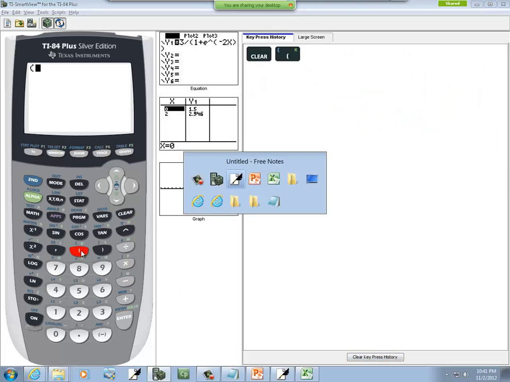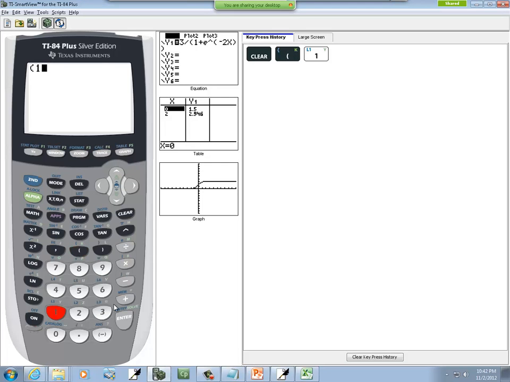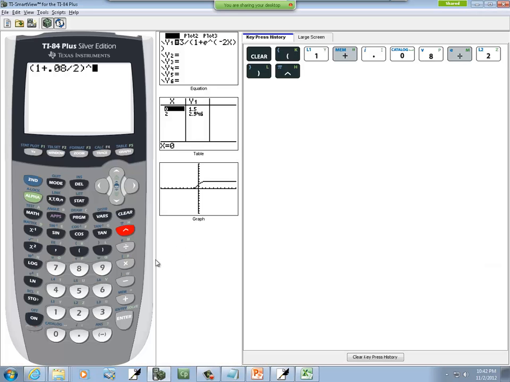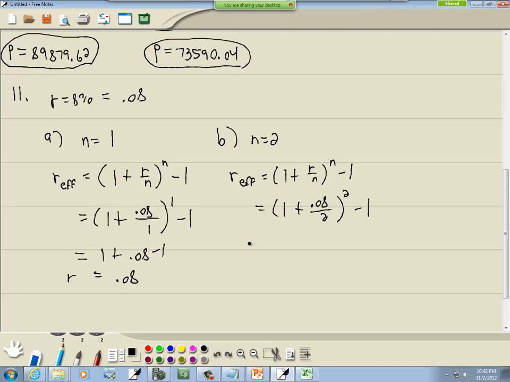We've got a beginning parenthesis 1 plus 0.08 divided by 2, closing parenthesis, caret 2, and minus 1 at the end. And we get 0.0816. That should be the effective rate down here. Screwed that one up. There we go.